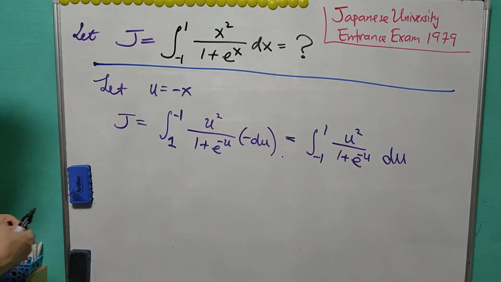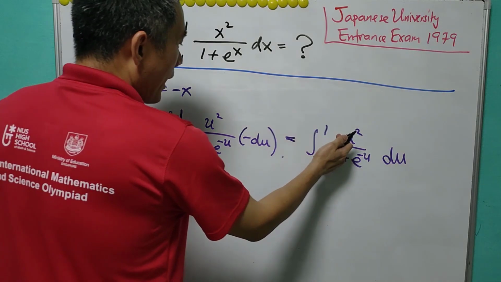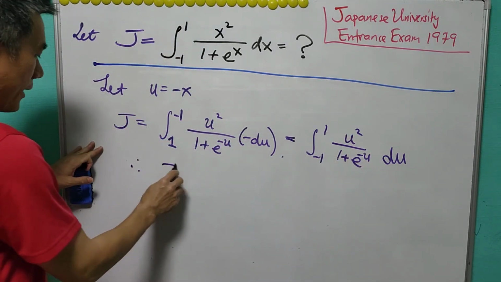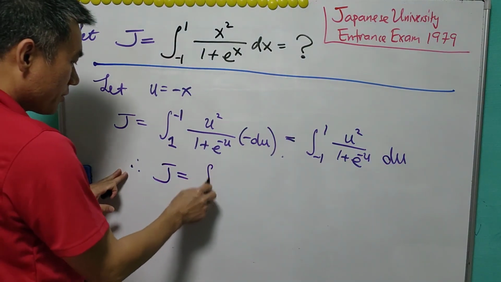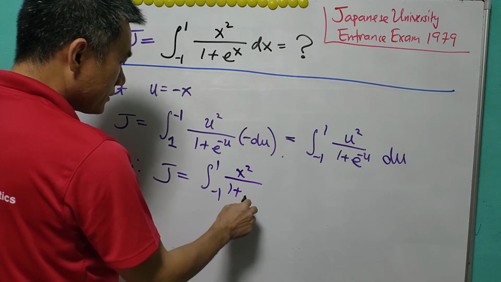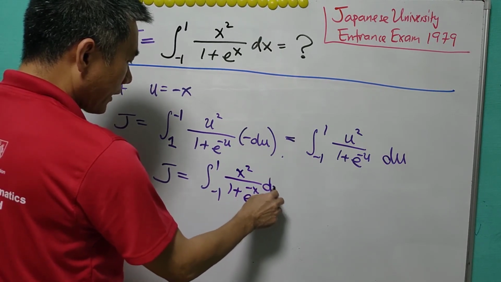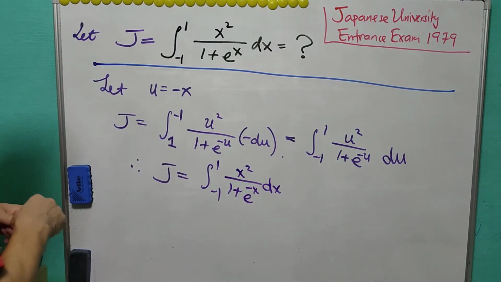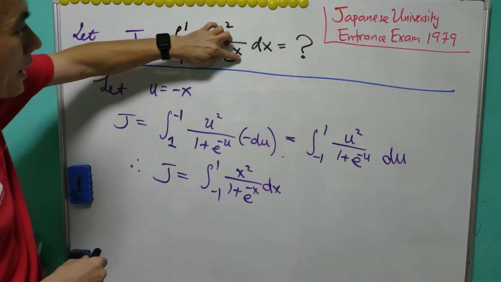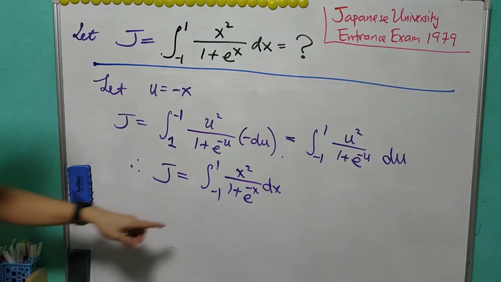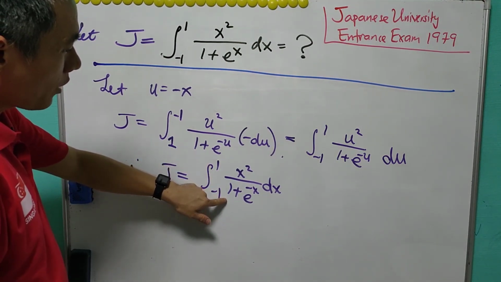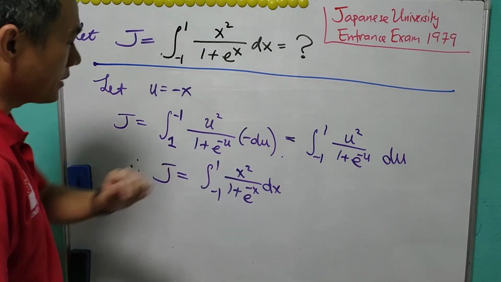Now, after we have done that, whether you write it as u or x doesn't matter. So I can say that actually J can be written as the integral from negative 1 to 1 of x squared over 1 plus e to the negative x dx. So we can write it as the integral from negative 1 to 1 of x squared over 1 plus e^x dx, or the integral from negative 1 to 1 of x squared over 1 plus e to the negative x dx.